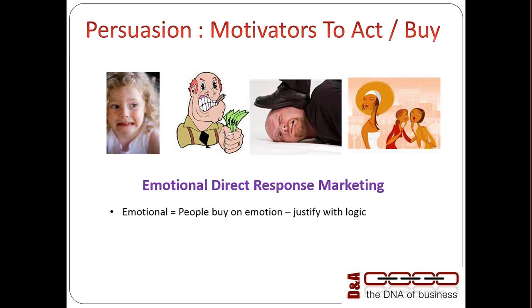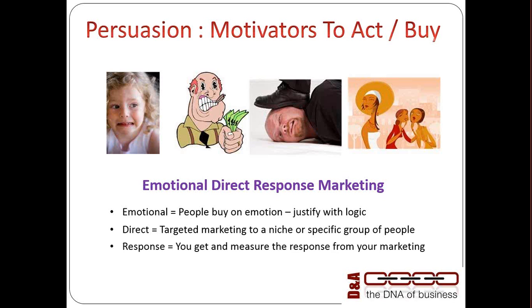So I'll just put that up so that you can see it. Emotional: people buy on emotion and justify on logic. Direct: it's targeted marketing to a niche or a specific group of people. When I ask people who their market is and they tell me everyone, then I know they haven't really got a target or a niche, and it's very difficult to market to everyone.